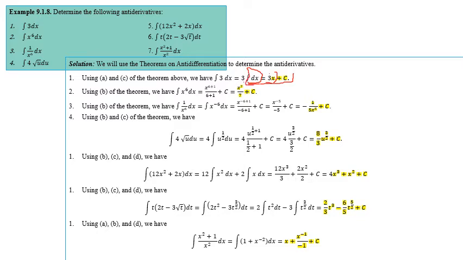In letter B, the given is the integral of x to the power of 6 dx. When it is a variable with an exponent, to get the antiderivative, or to integrate this, you simply add 1 to the exponent.